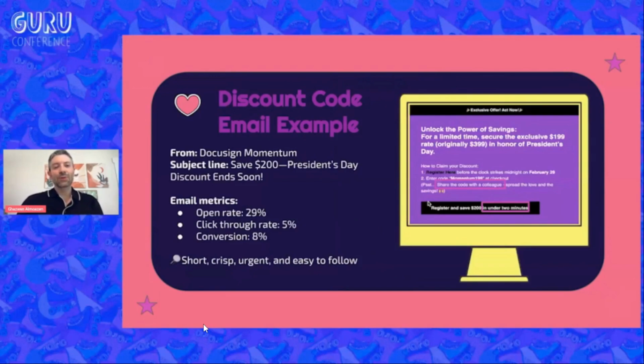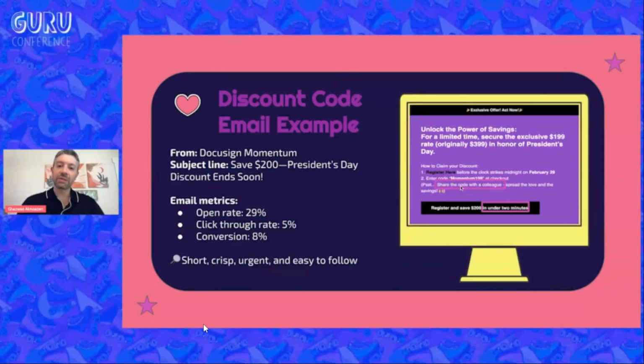The discount code email is something lots of companies do, especially when we open registrations, to drive early bird pricing and special holiday discounts. For example, with this one, we're driving registration using the President's Day $200 off discount. We kept the email very short, clear, and crisp, and drove some urgency.